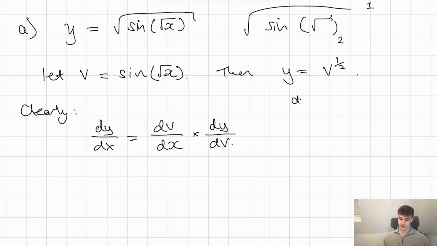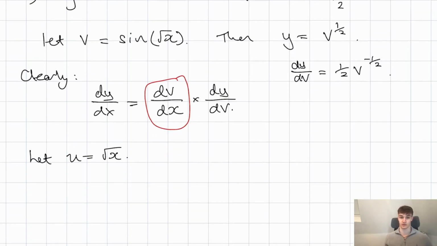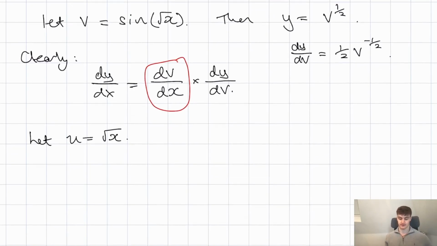So let's find dy by dv. That's a half v to the negative half. But now we need to find dv by dx. So to do that, we should probably let u equal the square root of x, so we can do the chain rule again. And then we have v is equal to sine of u. So you see how I've kind of done the chain rule of the chain rule here.